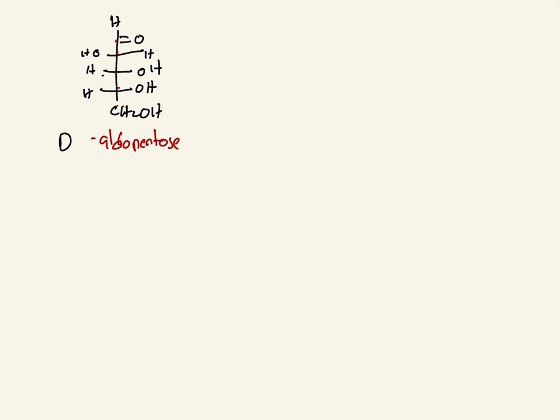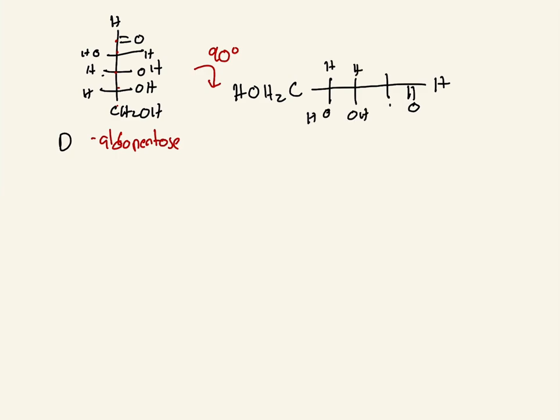And the way we go to a ring structure from this is we rotate this 90 degrees. So this is going to look like HO, H2C. Let me make this a different color, sorry. HO, H2C, our aldehyde, and we have 1, 2, 3. We keep the orientation of the groups the same.